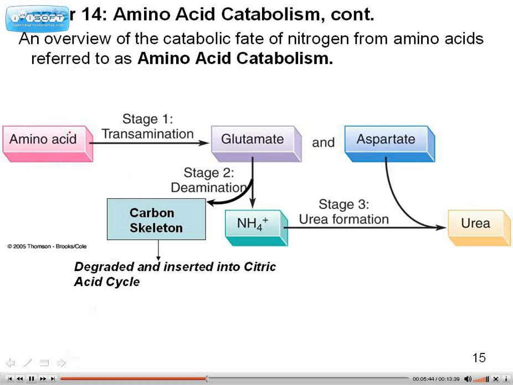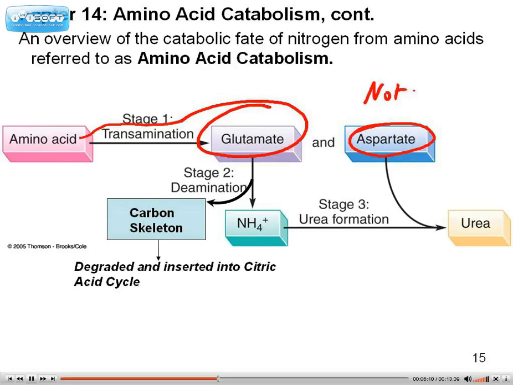Now, in order to catabolize it and create these leftover carbon skeletons and ammonia, we have three stages. The first one is transamination, the second one is deamination, and the third is urea formation. I'm going to show you the overall reaction for the transamination from an amino acid to glutamate. Although we also have amino acid transaminations to aspartate, these are not shown in these particular slides, because we are showing you enough already.